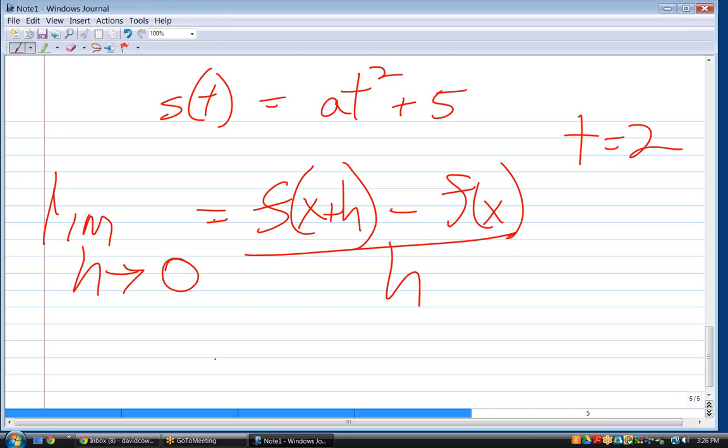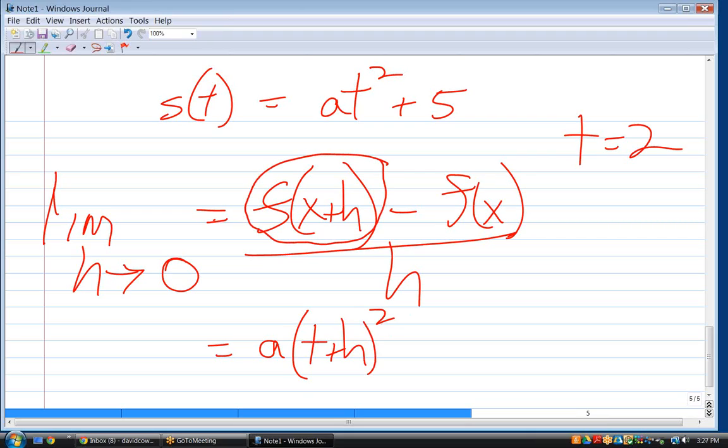So what is f of x plus h? It's a times (t plus h) squared plus 5. In other words, whenever I talk about that, whatever is inside my parentheses is what I'm substituting for the variable.